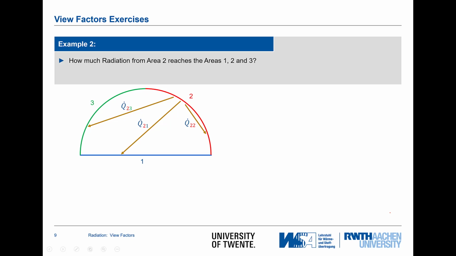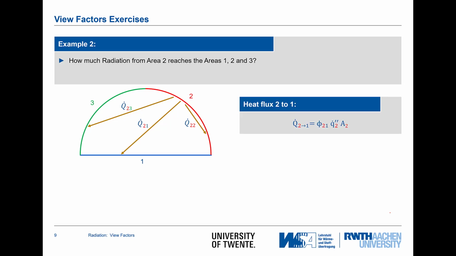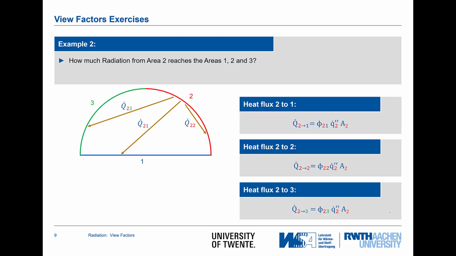Now a little bit more complicated. Now we have a real surface 3, and we are asked to determine the view factors, or to calculate how much radiation reaches the areas 1, 2, and 3 from area 2. So again, we can write down these 3 formulas: q dot 2 to 1, q dot 2 to 2, q dot 2 to 3.